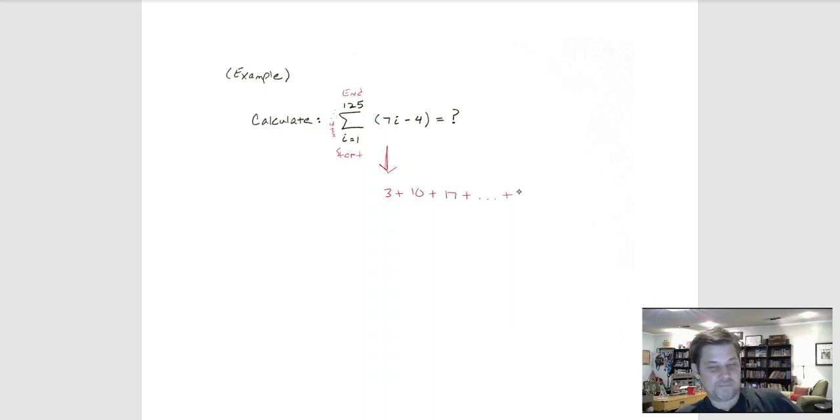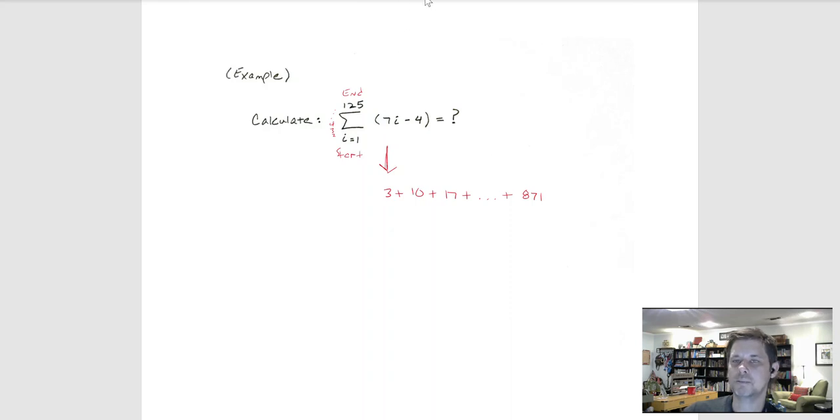I'll find the 125th term, and so 7 times 125, that one I don't know, minus 4, so that's going to be 871. Okay. All right. So anyway, that's what it looks like. Now, from there, I guess all it's asking for is what you get when you add all this together. Okay.